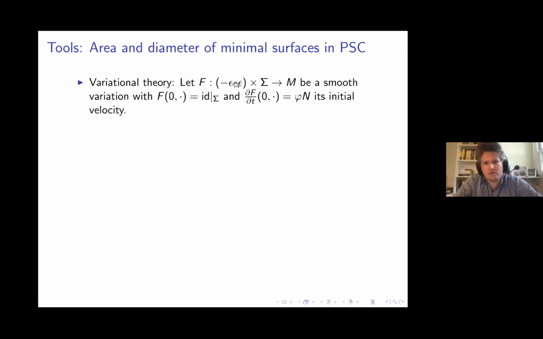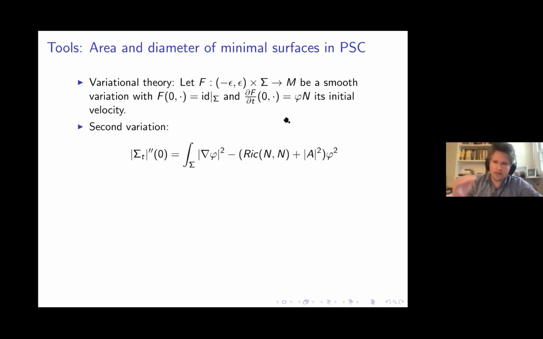Whenever you have a minimal surface and you consider a variation, say you take a function phi and move the surface along phi times the normal vector. If you calculate the area along the variation and take two derivatives of that at 0, because we want to look at minimizing area up to second order, you get this expression here.